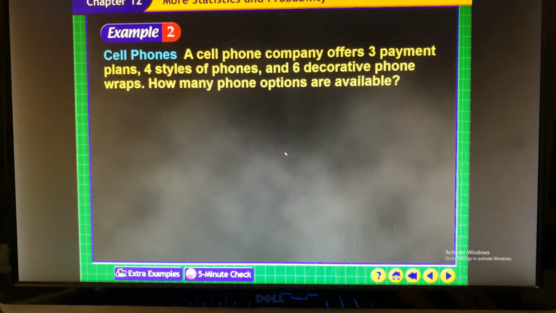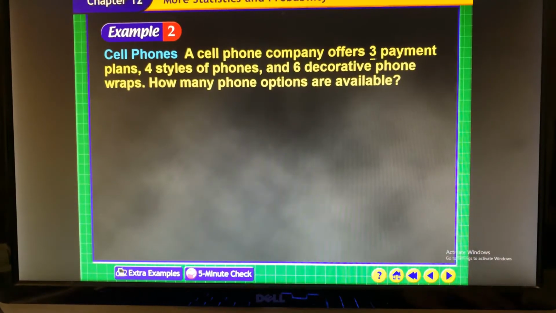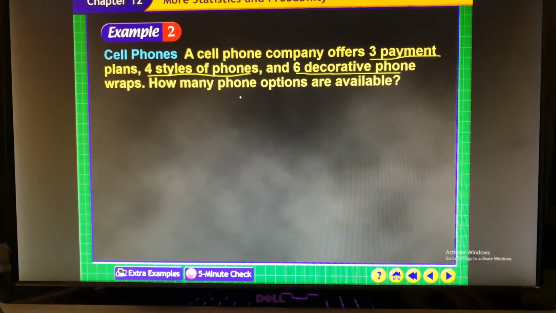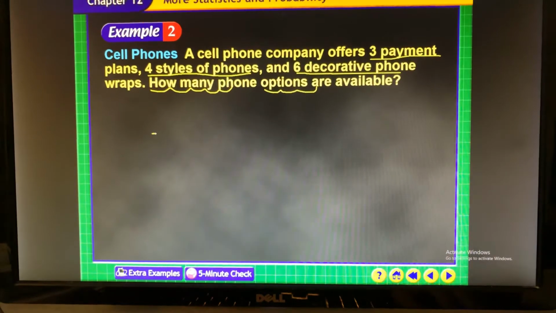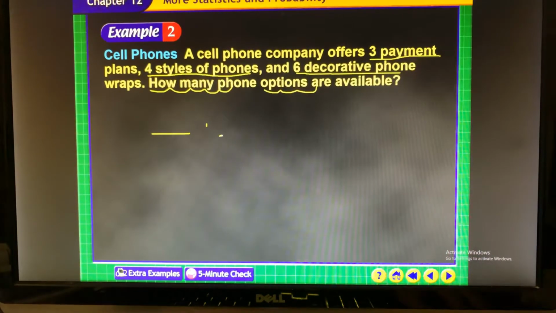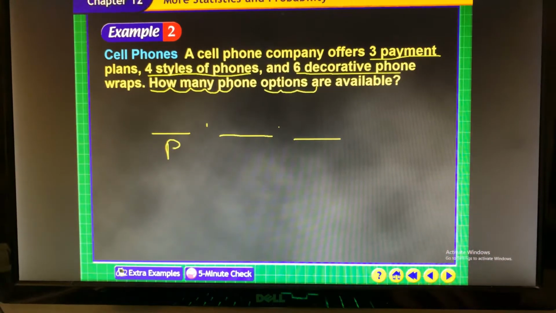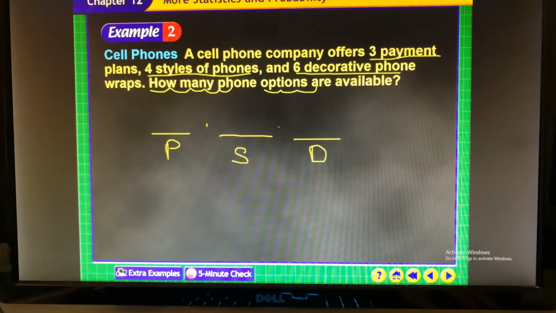Next one. A cell phone company offers 3 payment plans, 4 styles of phone, and 6 decorative phone wraps. I don't know what a phone wrap is. How many phone options are available? How many things do you get to do? You get to pick a payment plan, you get to pick a style, and you get to pick a decorative phone wrap.